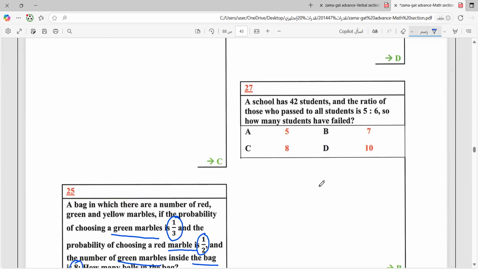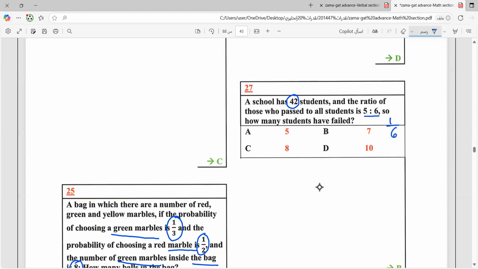Okay, here the same question. A school has 42 students. This is the total. And the ratio of those who passed to all students is 5/6. How many students have failed? So we find the fraction for students who failed. 5/6, you subtract: 6 minus 5 is 1.